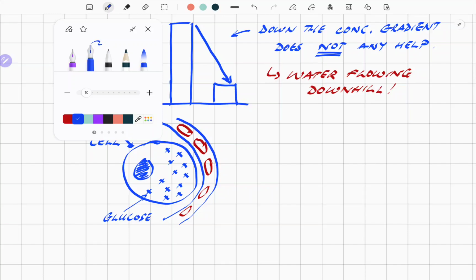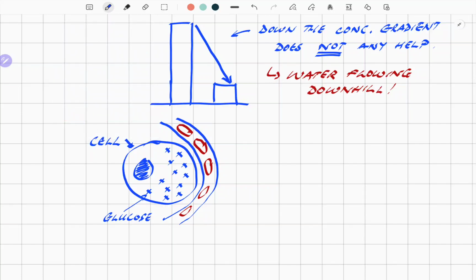And in that capillary, the plasma, the fluids, are going to contain glucose molecules, like that. So what's happening here is that the cell wants more glucose. It always wants to take in as much glucose as possible, but the concentration gradient is going the wrong way. Under normal circumstances, the glucose would actually leave the cell and go into the bloodstream, which we don't want. So two things prevent it.